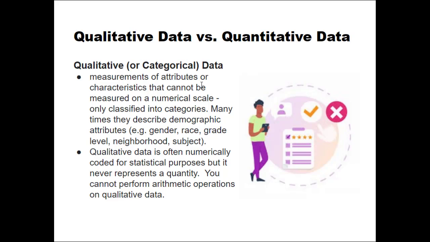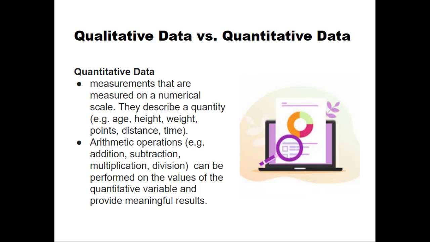They can only be classified into categories. Many times, they describe demographic information like gender, race, grade level, neighborhood, subject, college major, etc. Qualitative data is often numerically coded for statistical purposes, but it never represents a quantity. You cannot perform arithmetic operations on qualitative data, because they cannot produce meaningful results.